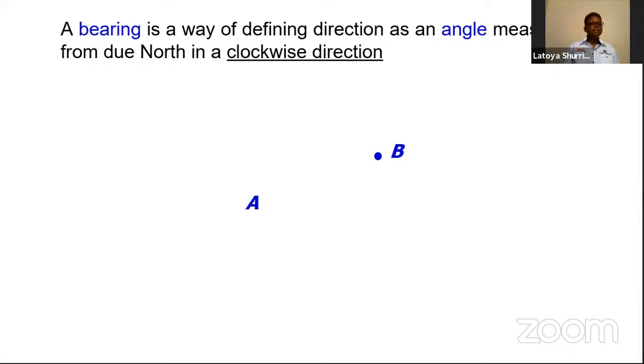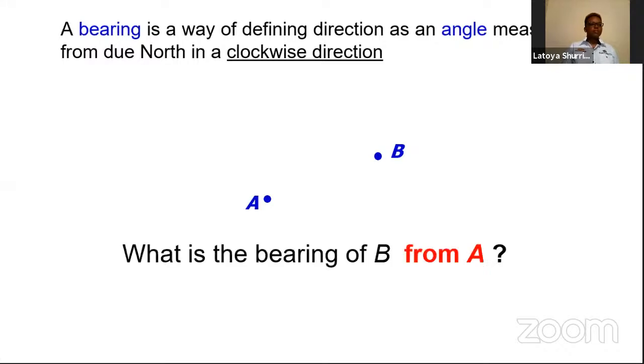All right? What is the bearing of B from A? And it's always important to be able to identify our starting point. Where are we starting and where are we going? Your starting point is where you will indicate your north line.